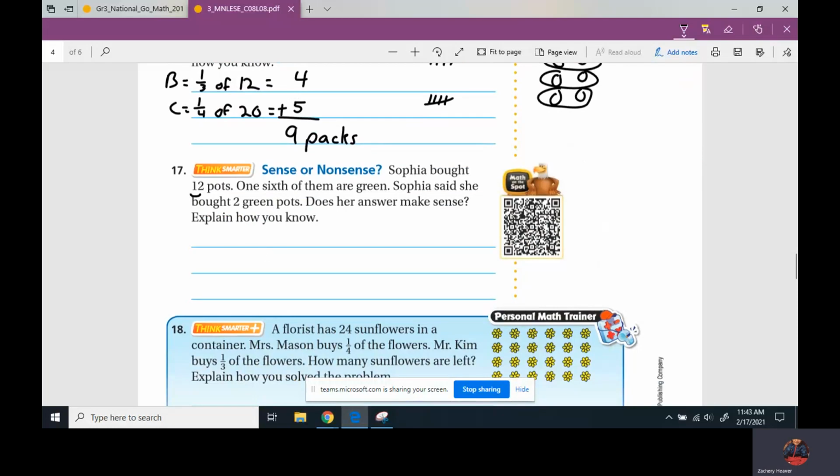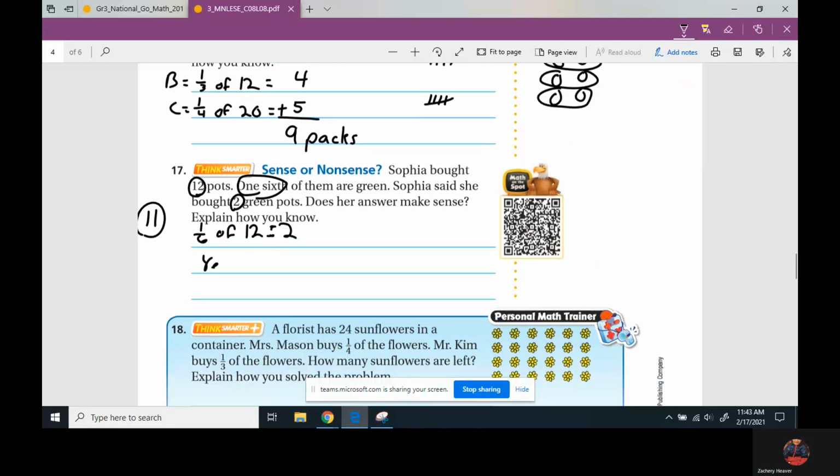Sophia bought 12 pots. 1/6 of them are green. She said she bought 2 green pots. Does her answer make sense? Well, let's find out. So she's saying 1/6 of 12 equals 2. Well, how many times can 6 go into 12? 6, 12, 2 times.